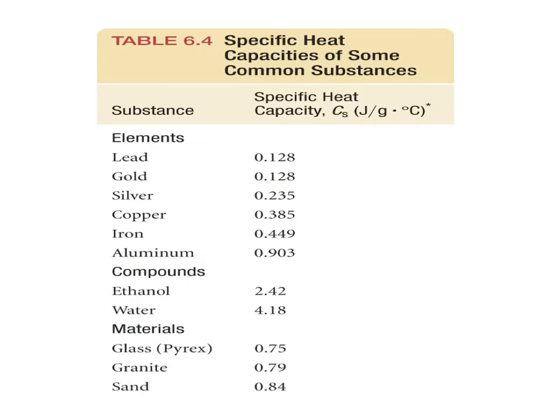And it's very interesting to look at this table. And 4.184 is the number for water. That's the number of joules needed to raise 1 gram of substance by 1 degree. And if you compare water to all the other substances in the table, you see that it's much, much higher. So it takes way more heat to raise the temperature of water than the other substances.